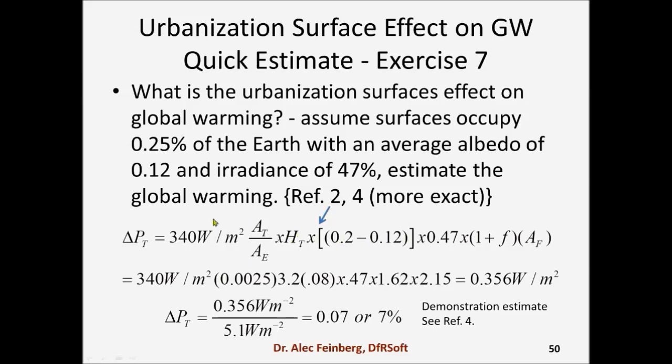So I'm using this equation right here to demonstrate this. We have the 340 coming in. We have that ratio of how much of the surface has been compared to the surface of the area. That's 0.25%, so that's this guy. We have the difference in the albedos here, so that's 0.08.